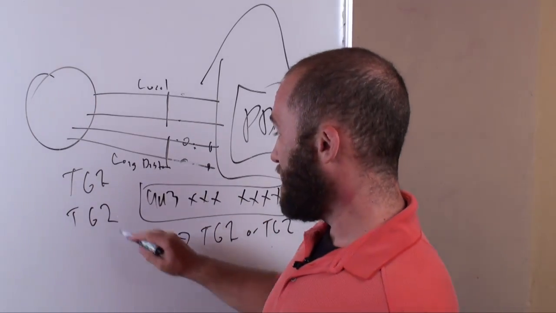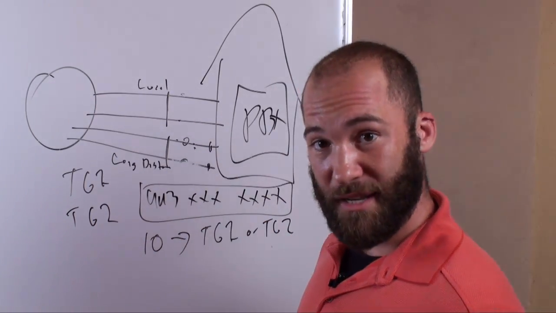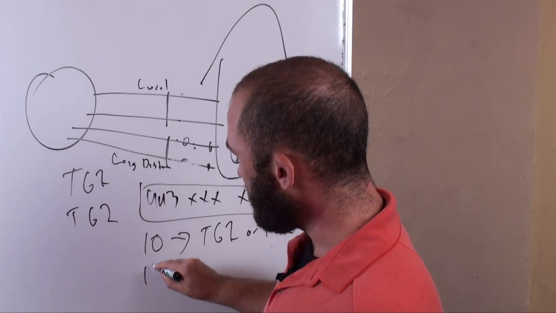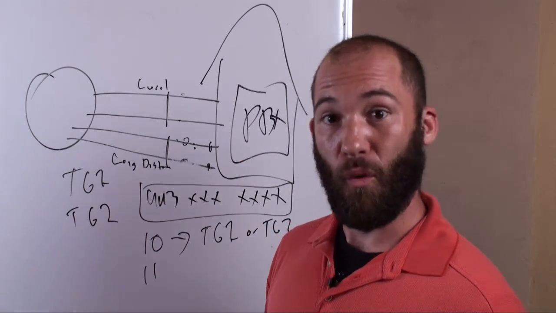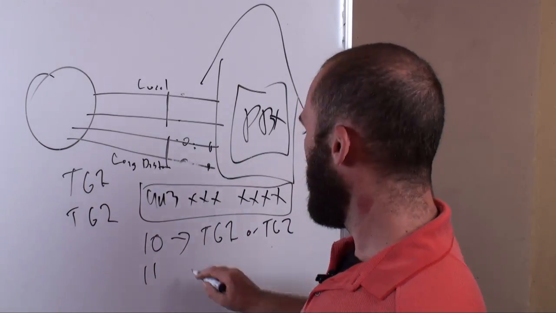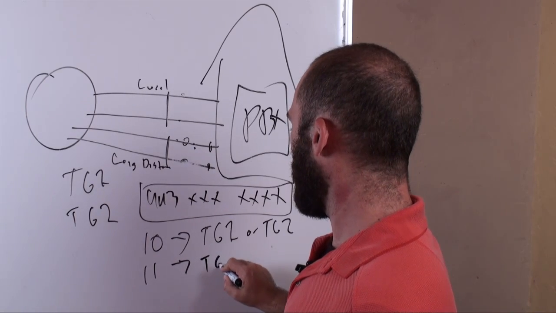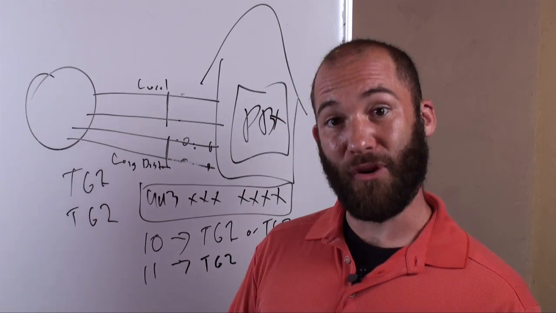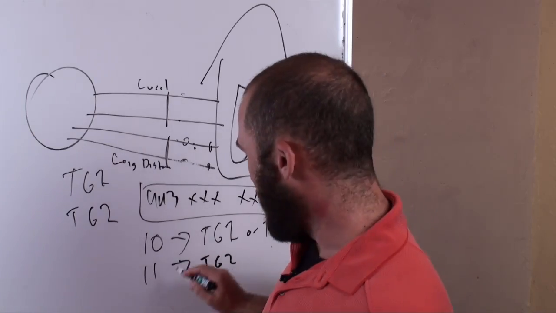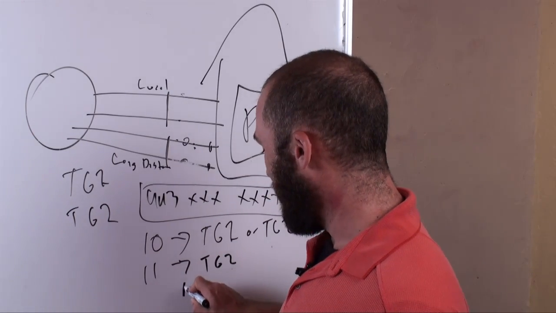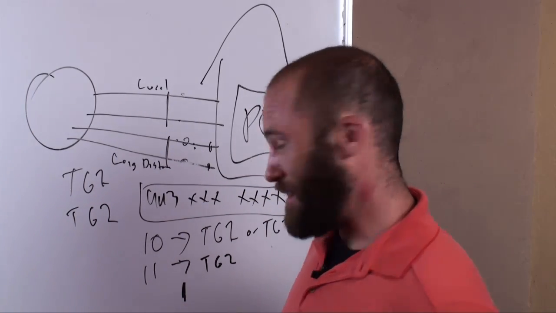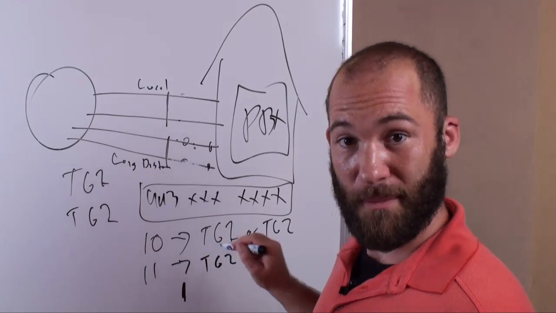Then what you program in, for your long distance, you would say for 11-digit numbers, so 1, 443, use only trunk group 2. So you would say for 11 digits, make sure it's 1. So with the first number being 1, you would use trunk group 2.